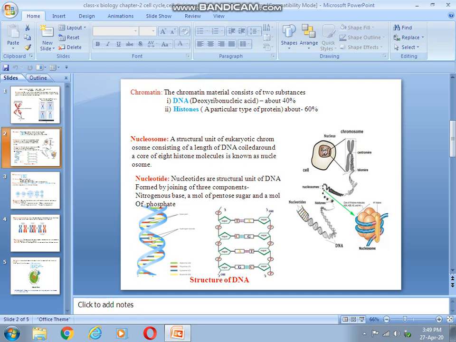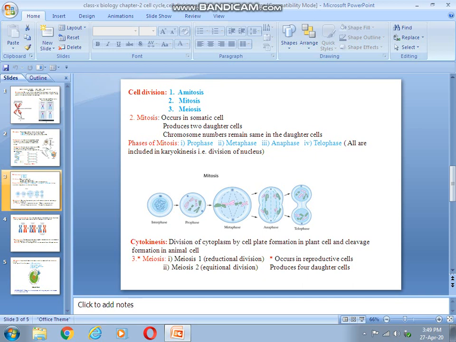Now I am going through the next point. So we have already discussed the structure of chromosome. Then cell division. Cell division means division of cells. What is the importance of cell division?